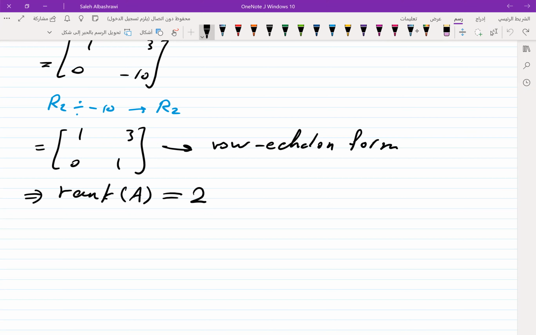As we define the rank of the matrix, it is the maximum number of linearly independent row vectors. Since none of them is equal to 0, they are linearly independent and the rank of the matrix A is equal to 2.